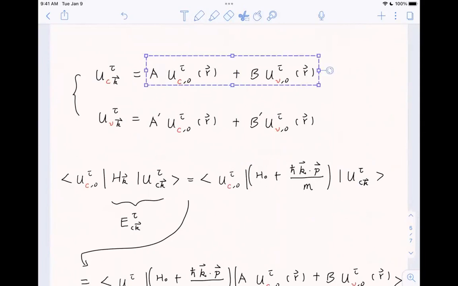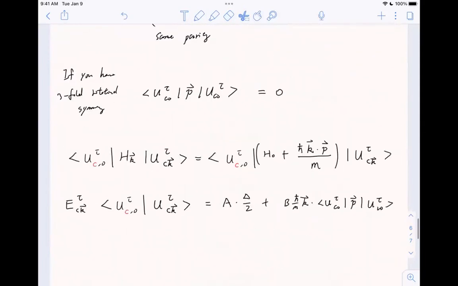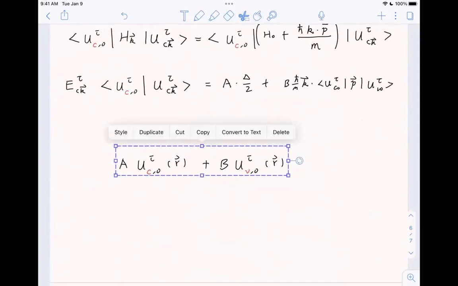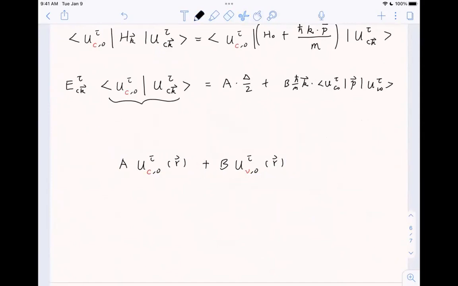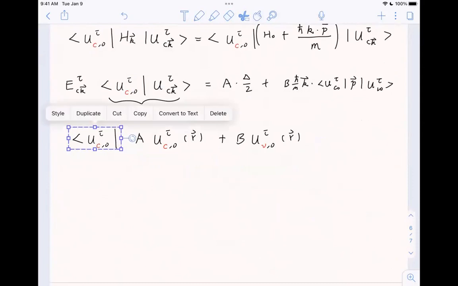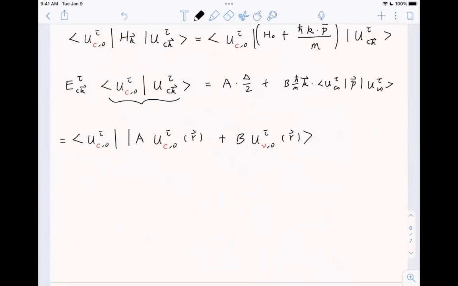So you copy this. Then take the linear combination.